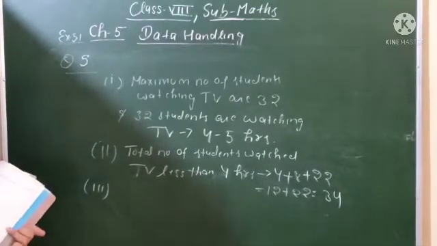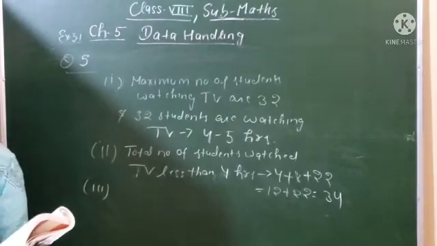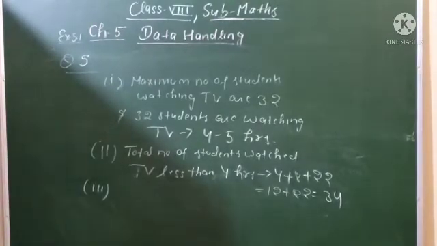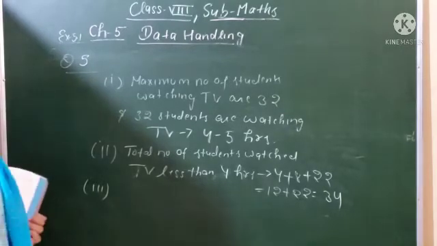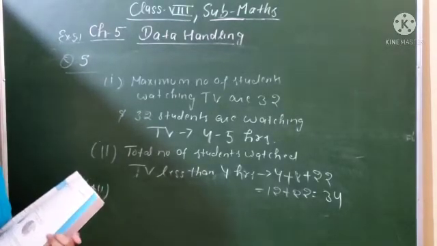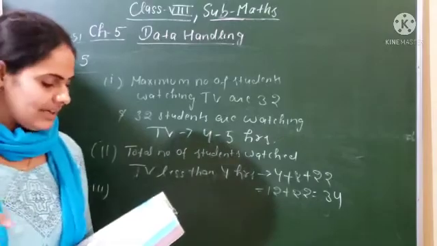Third part. How many students spend more than 5 hours watching TV? More than 5 hours means 5 to 6 and 6 to 7, because the total hours are given up to 7.